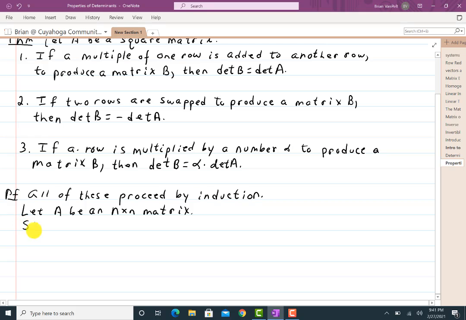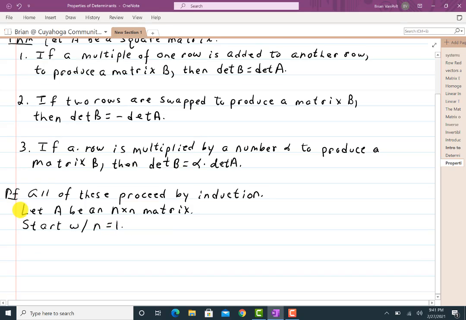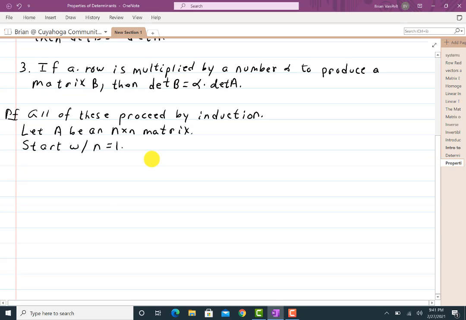We'll start with n equals 1. For that case, the matrix A looks like just a single entry, A11. Then the determinant of A is simply whatever that thing is.